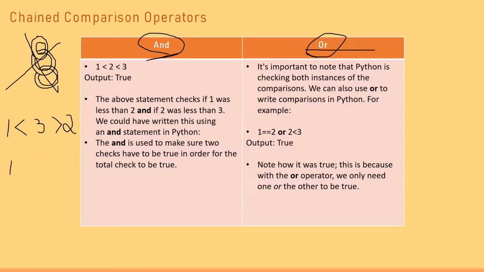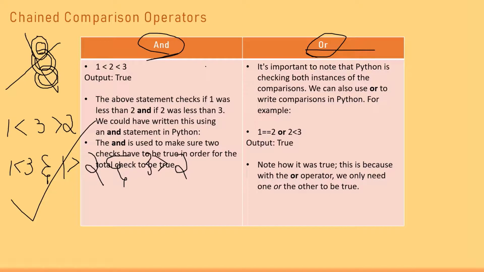Let's say 1 is less than 3, and I'm using a symbol instead of that because I don't have space over here, and 1 is less than 2. And let's say 3 is also greater than 2. Test this in your Jupyter notebook and the output must be a true boolean.